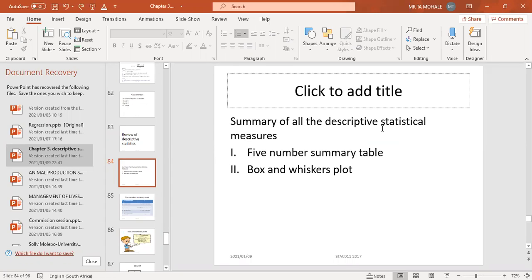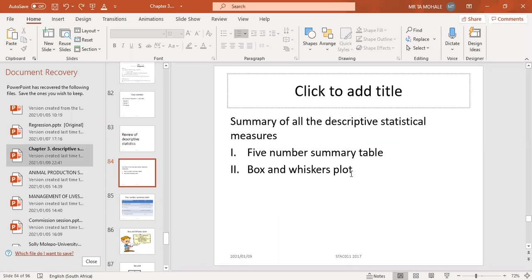And you know how to calculate Q1, Q2, and Q3, right, depending on the type of data you are working with. If it's grouped, you know which formula. If it's ungrouped, you know which formula. So that is it. Then the box and whiskers plot.